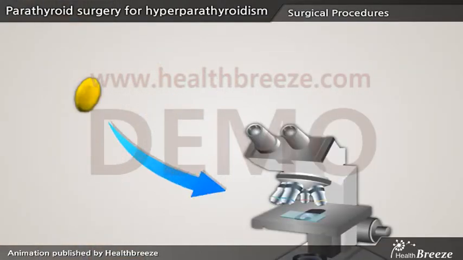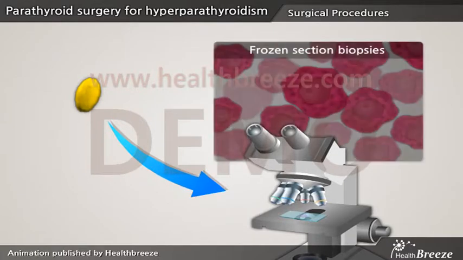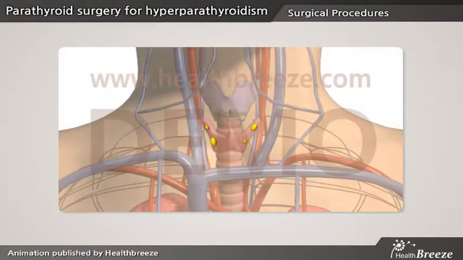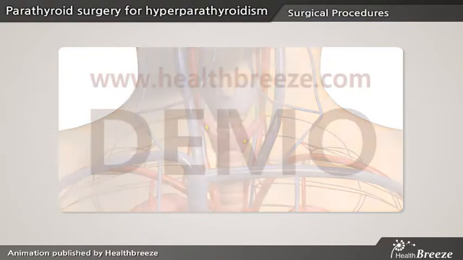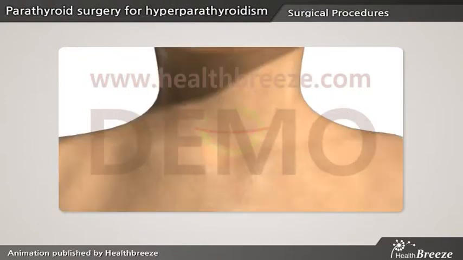Sometimes frozen section biopsies are performed to establish the tissue diagnosis and confirmation. At the end of the case, the surgical field is surveyed for any source of bleeding. The skin incision is closed to finish the case.